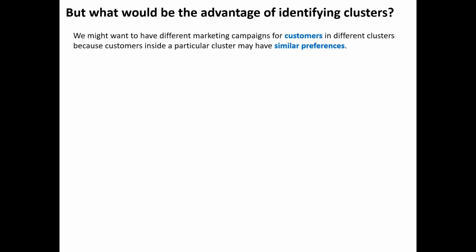Well, maybe if we're a company and we have different marketing campaigns and a lot of different customers, maybe we would like to be able to have different marketing campaigns for customers in different clusters, because customers inside a particular cluster might have similar preferences.